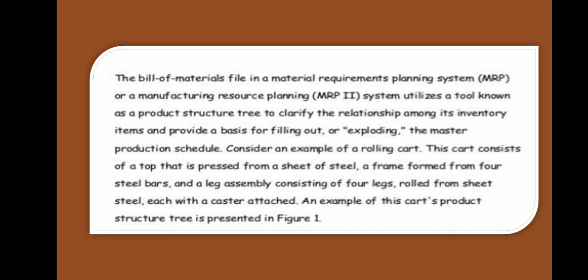Consider the example of a rolling cart. This cart consists of a top that is pressed from a sheet of steel, a frame formed from four steel bars, and a leg assembly consisting of four legs rolled from sheet steel, each with a caster attached. An example of this cart's product structure tree is presented in the figure.